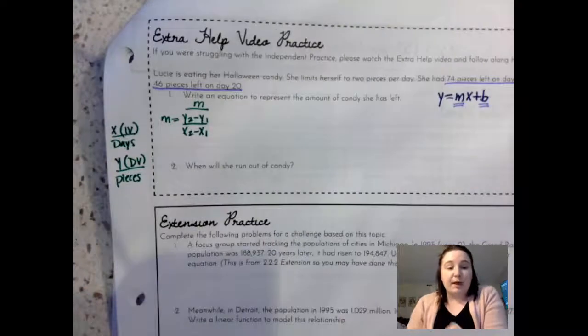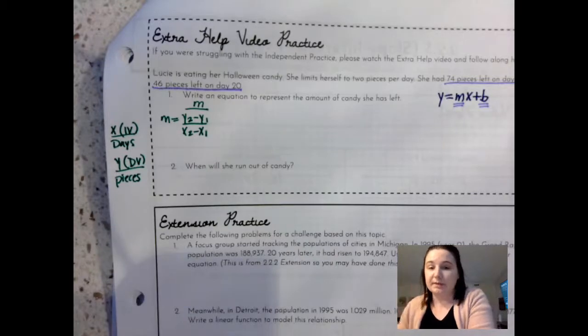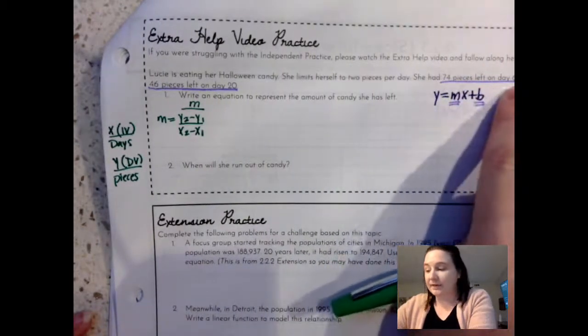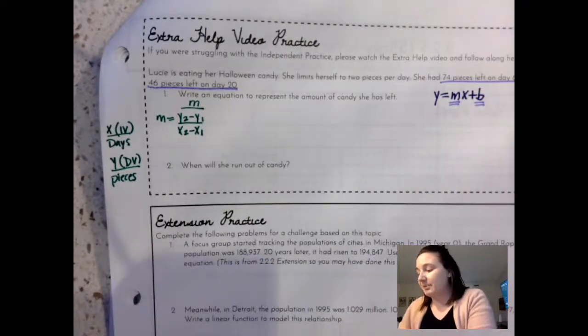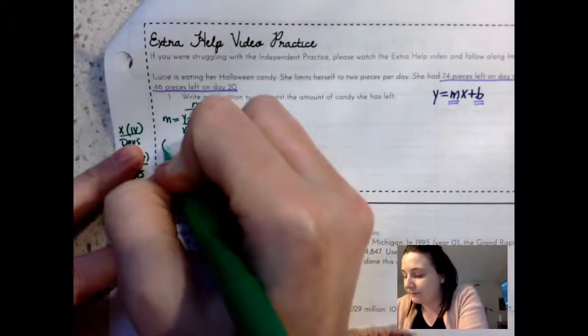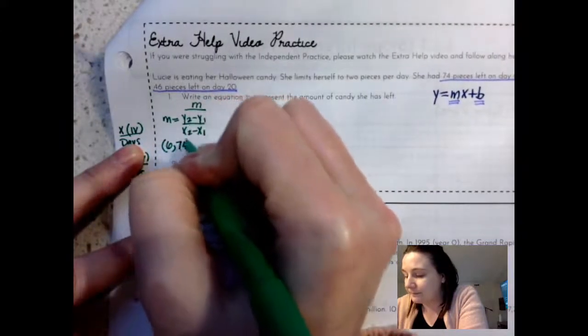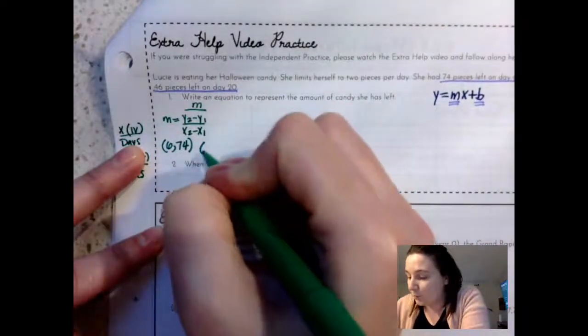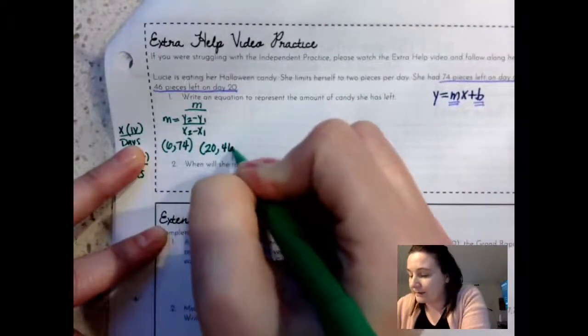When we write our points, we need to do independent, dependent. So day, pieces. This first relationship said we had 74 pieces left on day 6, so day, pieces would be (6, 74). And then our other one would be (20, 46).